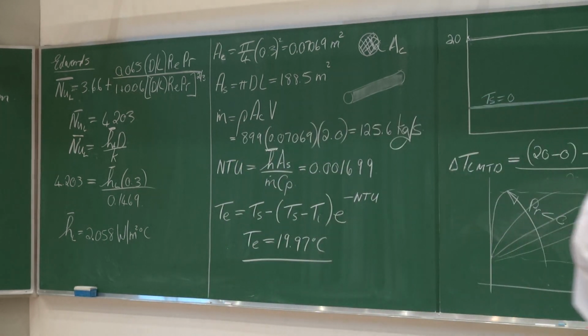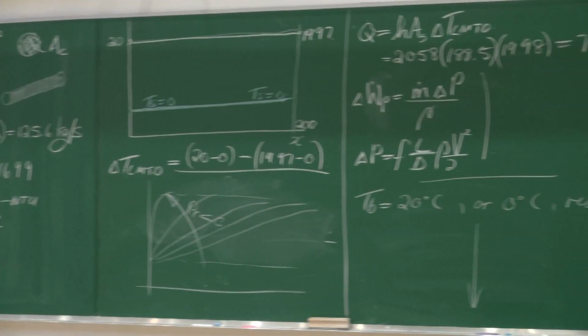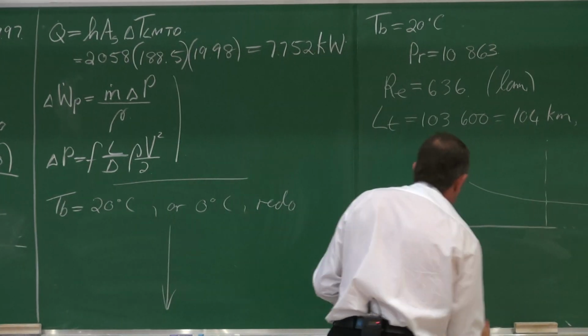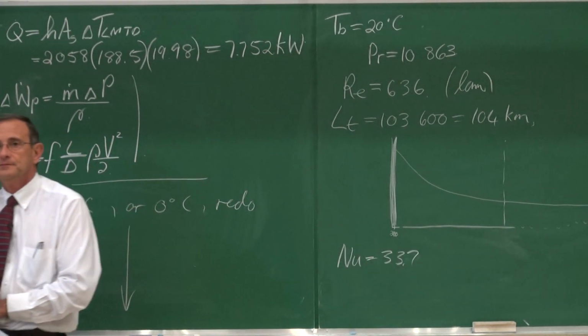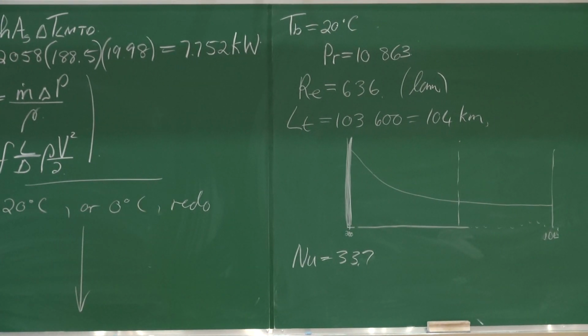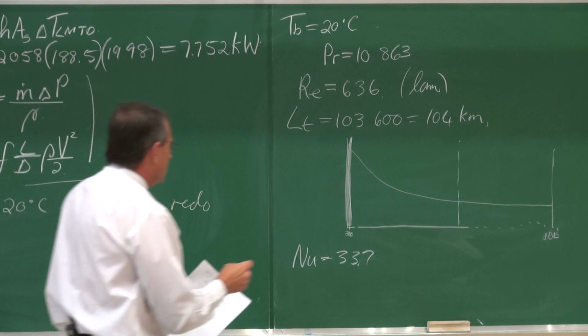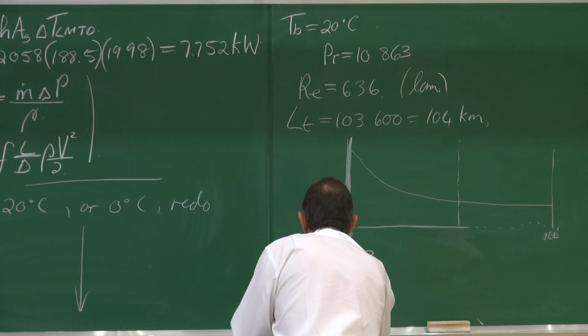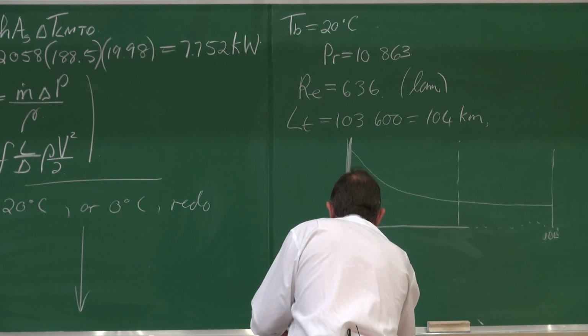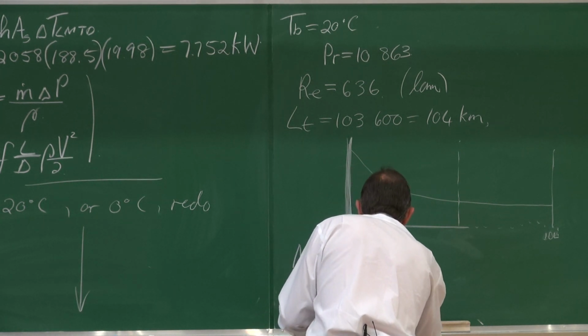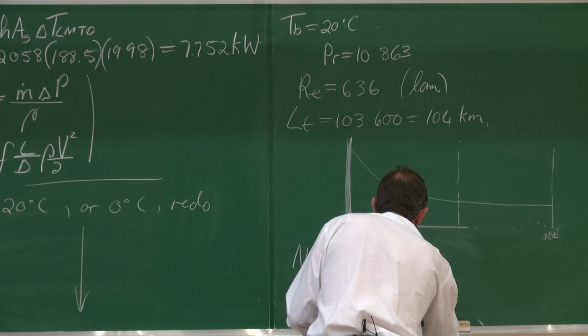Therefore, our average Nusselt number is equal to 33.7, much higher. So now you see a higher Nusselt number, and you will think, oh my goodness, more heat transfer, isn't it? If you calculate the heat transfer coefficient, it is higher: 16.3 watts per square meter degree Celsius.